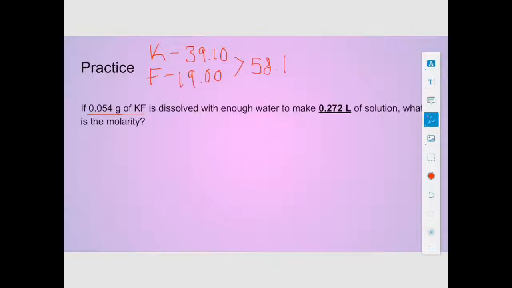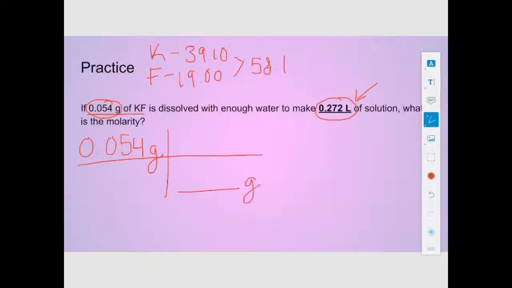Step number 2, down here, 0.54 grams of KF dissolved with enough water to make this many liters. Now you'll notice this is different than it is in your packet. Please correct it in your packet if you haven't already. All right, so we're going to come down here. We're going to go from grams to moles. We go from this many grams, blank grams on the bottom, 1 mole on top.